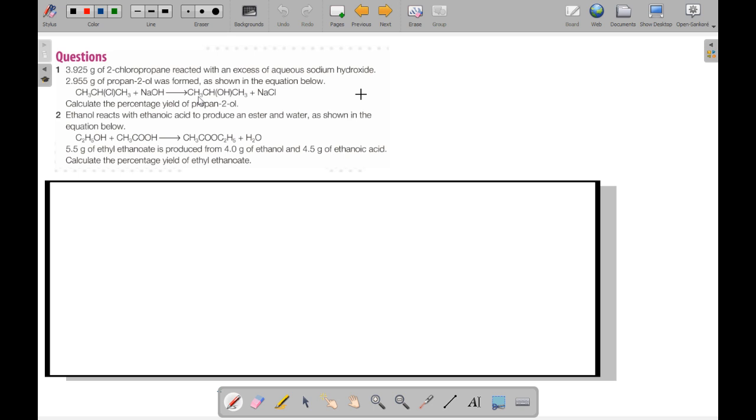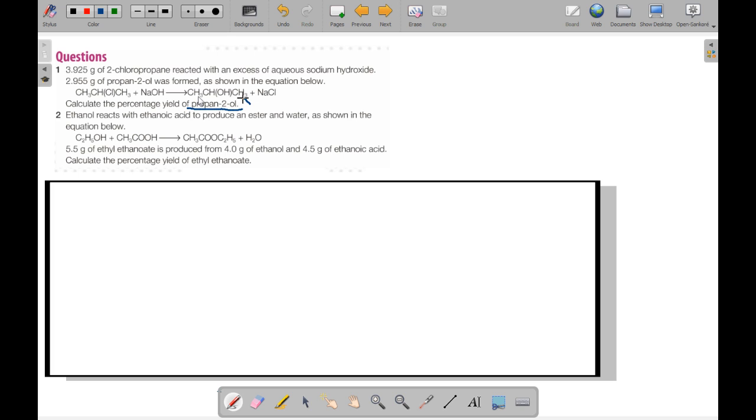So questions now. If we have 3.925 grams of 2-chloropropane and that reacts with an excess of aqueous sodium hydroxide, 2.955 grams of propan-2-ol is formed as shown in this equation. We need to calculate the percentage yield of propan-2-ol.